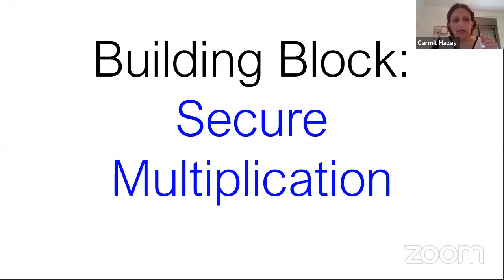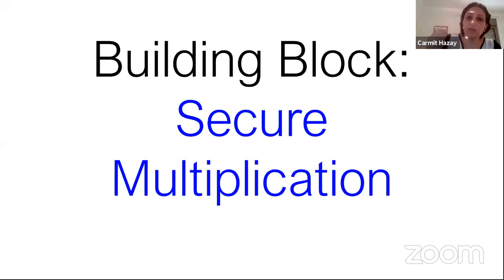To approach the problem, we abstract our solution using a building block that achieves secure multiplication.